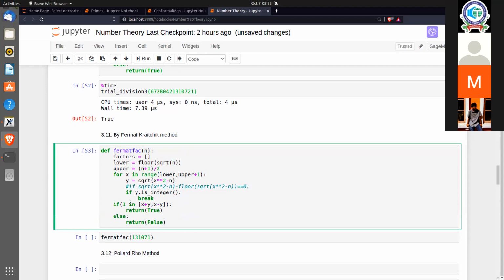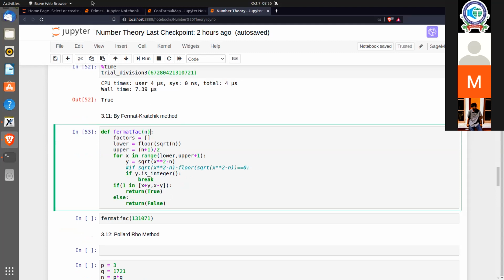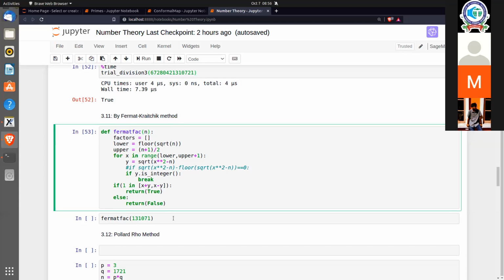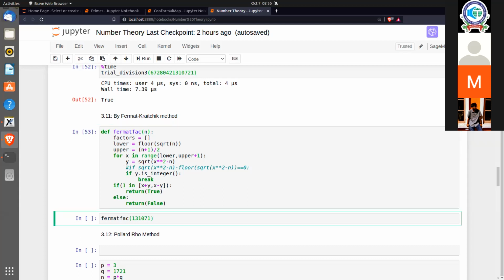But still, can anyone guess what the hint is that this Fermat factor of n that we've defined, even though it looks like a better option than the previous ones, it can still only compute this prime right here, 131071. Can anybody think of why that could be the case?